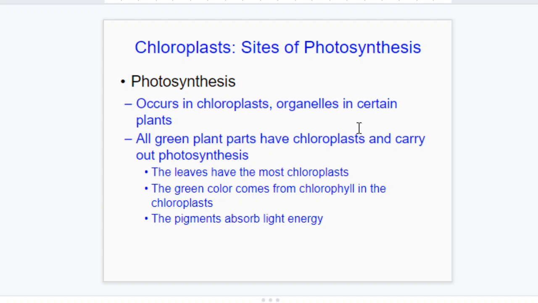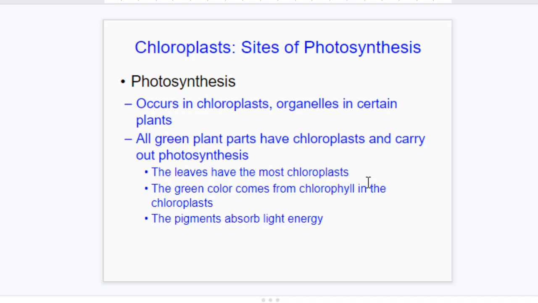Okay? And chloroplast is for sure the site of photosynthesis. It only happens in the chloroplast, okay? And they're only in plants. We cannot do photosynthesis. I am not green. You are not green. So that means we have no chloroplasts. All green plant parts have chloroplasts and carry out photosynthesis.